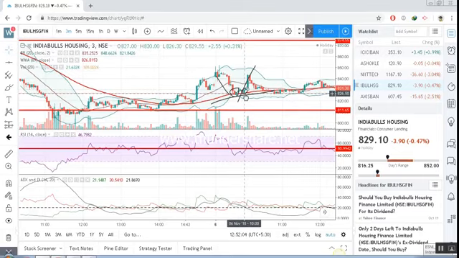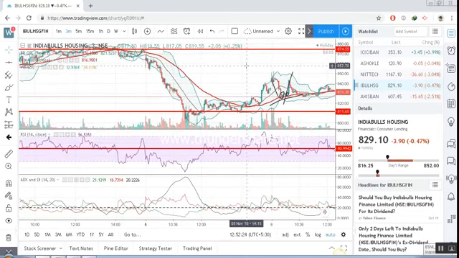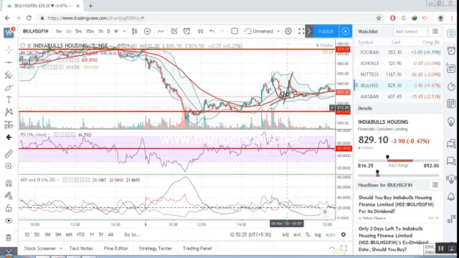Here, with a risk of just 3 rupees 70 paisa, the stock from 830 made a high of 843.90. That is a very good risk reward. So this is how you have to find potential entries. But as a safe trader, until you're confident, don't take risky trades like this.